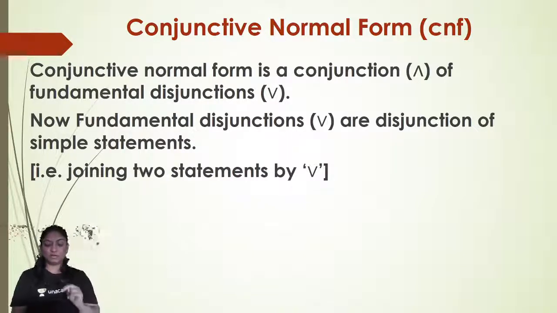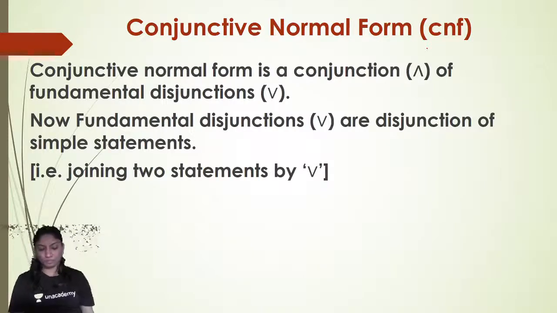When the statement contains more than 2 statements, it is not practically possible to check whether the given statements are equivalent or not. So at that time we will use the normal forms.